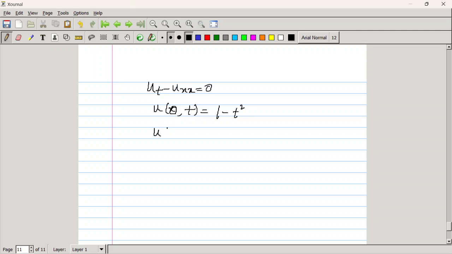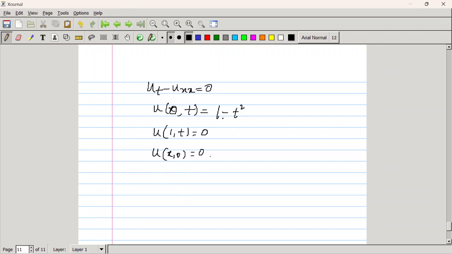And suppose u(1,t) you are giving as 0, and u(x,0) you are also giving as 0, for simplicity. So you are changing the conditions on the initial and boundary.